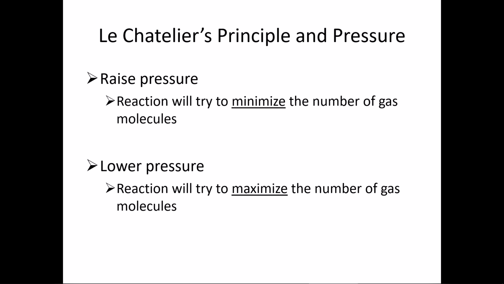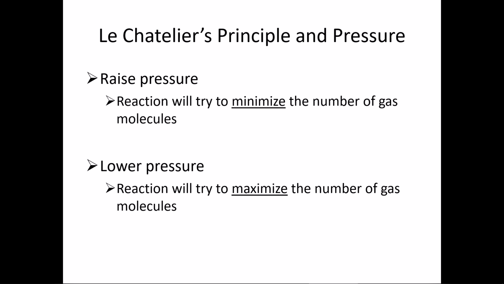So which way is it going to shift? So let's look at our two options, increasing pressure or decreasing pressure. If I increase the pressure, the reaction will shift to minimize the number of gas molecules. So it's trying to lower the pressure back down by getting rid of some of the gas molecules.